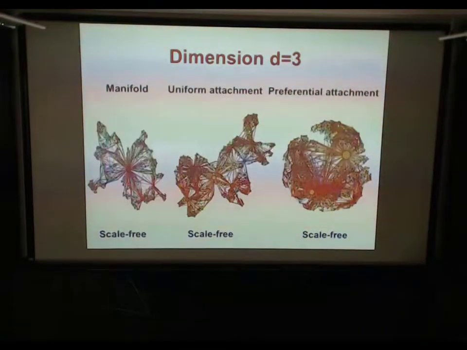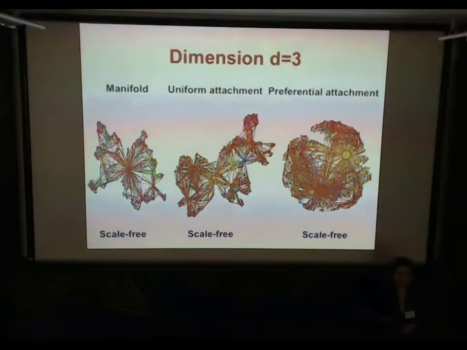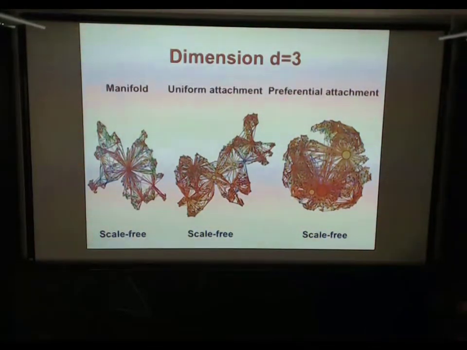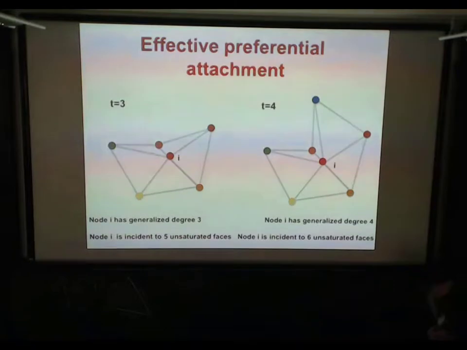What happens in D equal to 3? Well, also the manifold becomes scale-free. And the reason is that if you think of how these tetrahedra are stacked one to other, and you look, for instance, at node i here, it is attached to 3 tetrahedra.